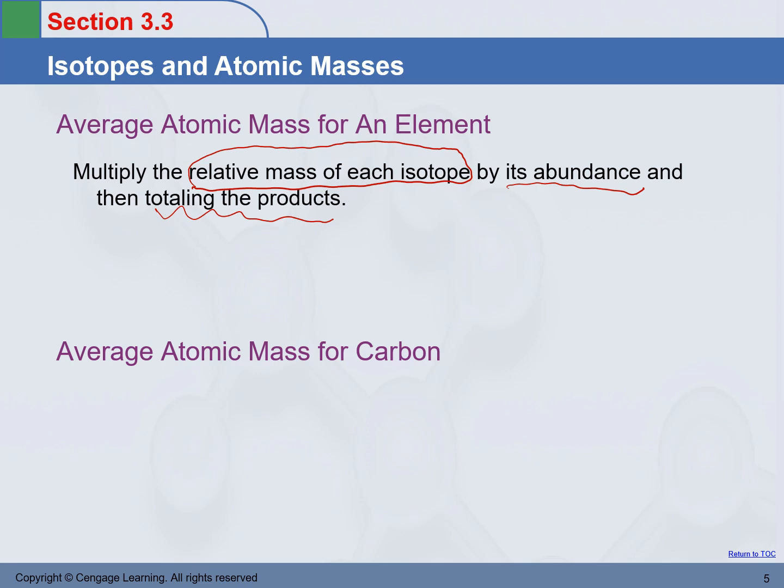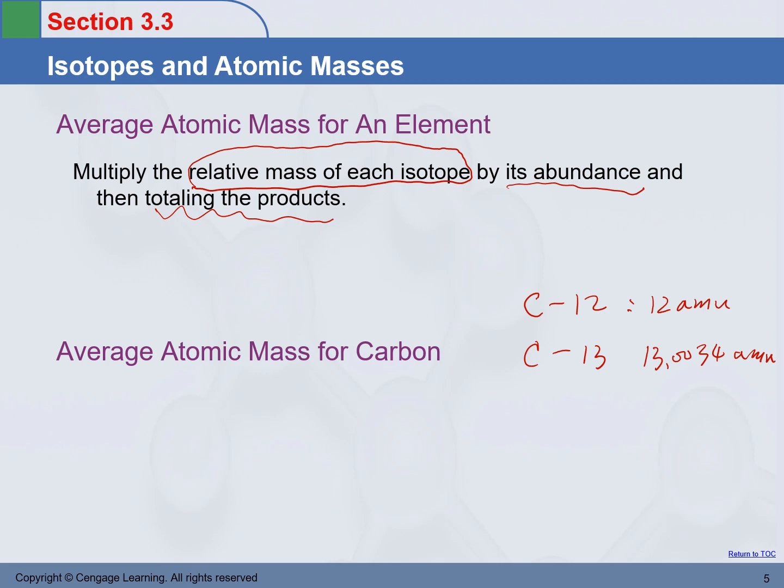We know carbon, we have carbon-12, we have carbon-13. Carbon-12 has 12 AMU, that's the definition. It is arbitrarily set as 12 AMU. Carbon-13 is 13.0034 AMU.